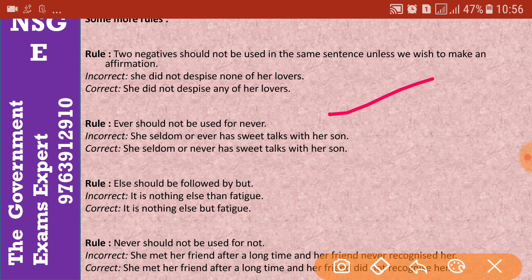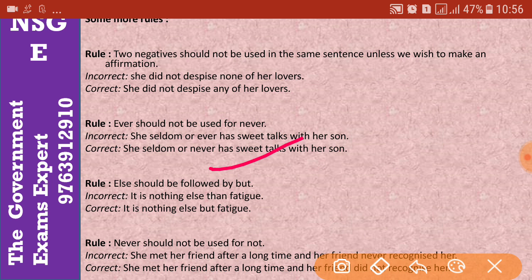Suppose there is an example: she seldom or ever has sweet talks with her son. It should have been seldom or never, not ever as written there. Okay, so ever should not be used for never. We will never use ever for never. So: she seldom or never has sweet talks with her son. So this would be the right sentence for this incorrect sentence. Clear?